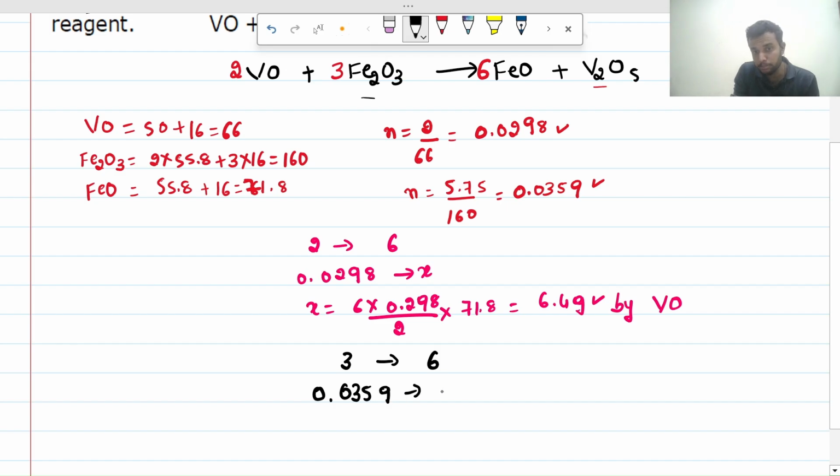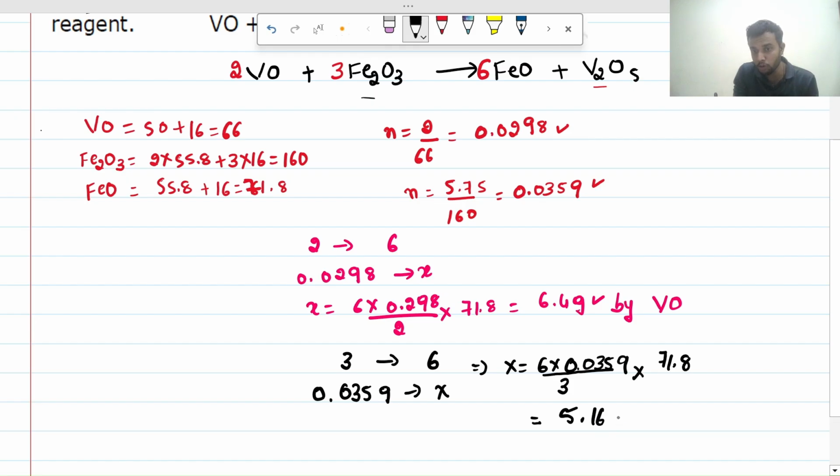It is responsible to produce X mole. Then calculate X, my dear student. X is equal to 6 into 0.0359 divided by 3, into the molecular weight. What is the molecular weight of FeO? It is 71.8. If you calculate that, you will get 5.16 gram.